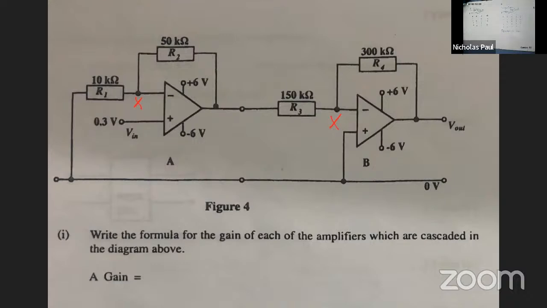And then they want the output when VN is 0.3, right? So that'll be 0.3 by the overall gain, which is -12. So that's -3.6 volts. Nice.